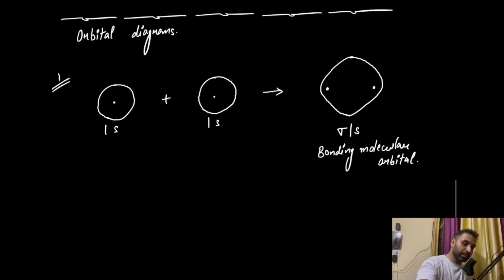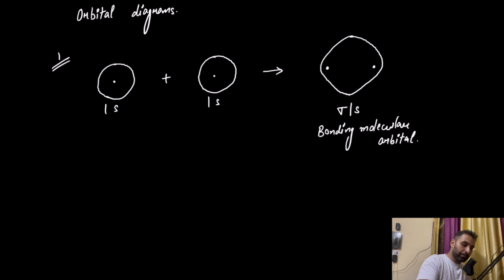Now, let's come to the second case. That's the nucleus. That's again 1s. For simplicity, I'm mentioning minus in between to make you understand. Now I'm talking about the anti-bonding molecular orbital.